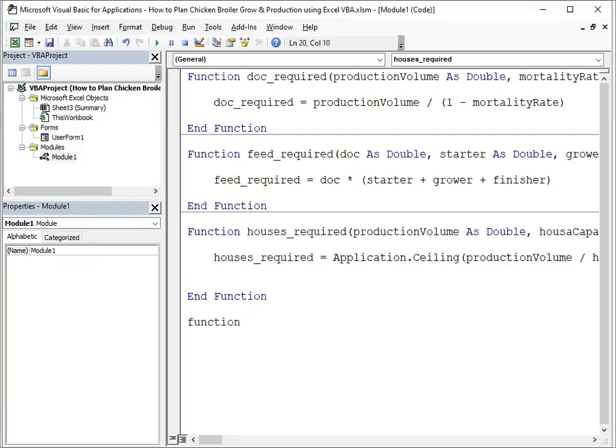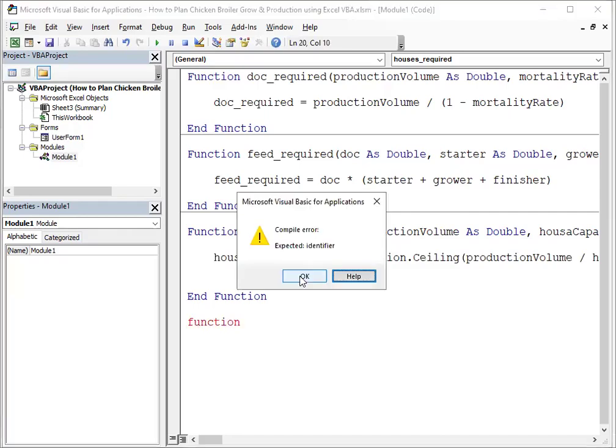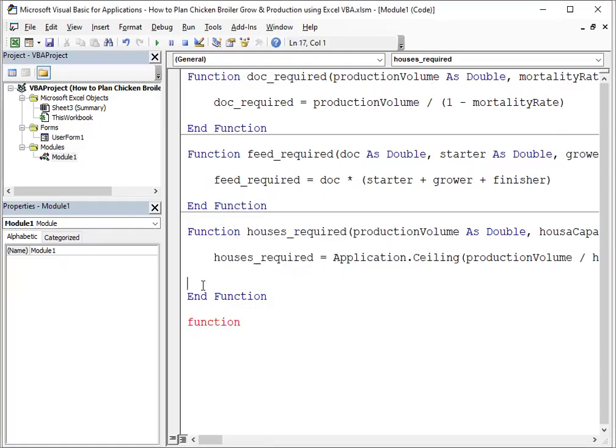What function to calculate? The function to calculate processing plant hours required, to process the bird: the evisceration process, cutting of heads, cutting of feet of the birds, removal of the feathers, this kind of thing. Hours underline required.